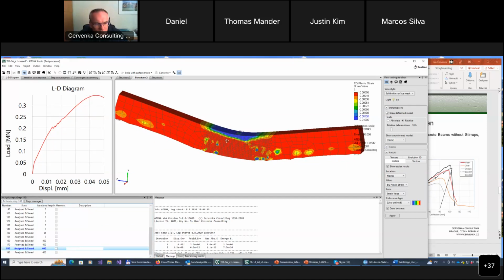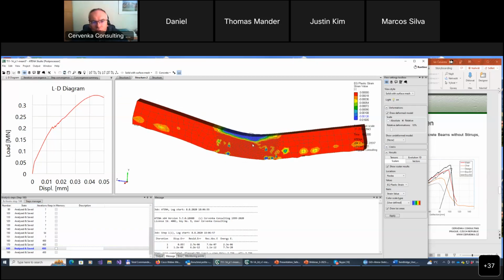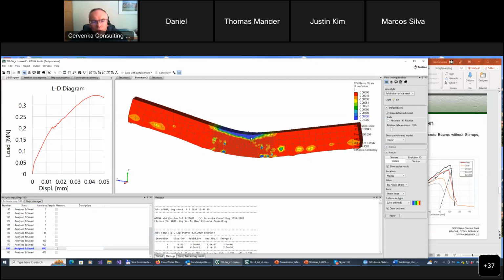So we really see what is happening in concrete. So we might say, okay, this is a typical example of a compressive crushing or compressive failure of a beam. But it is still good to confirm that.